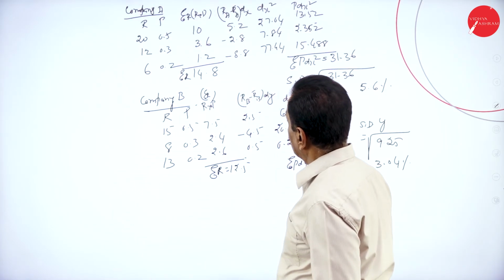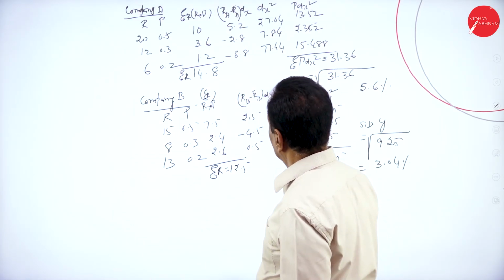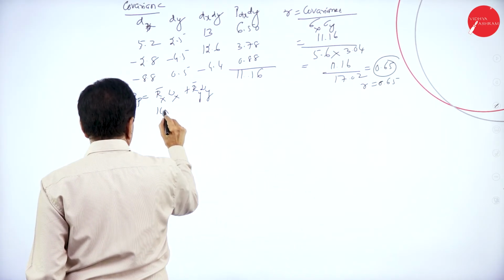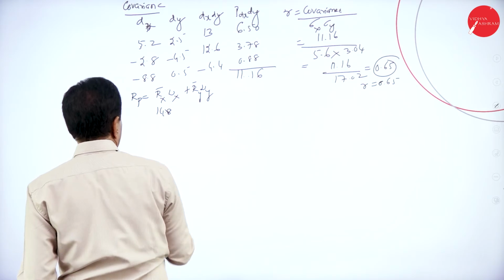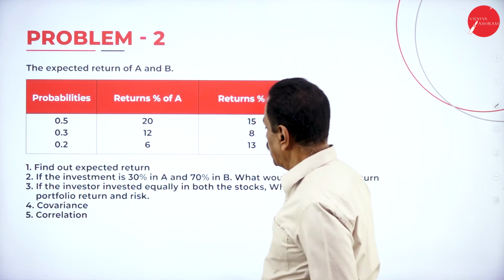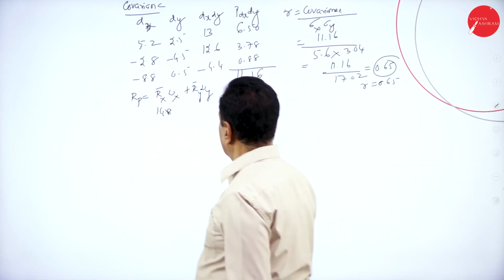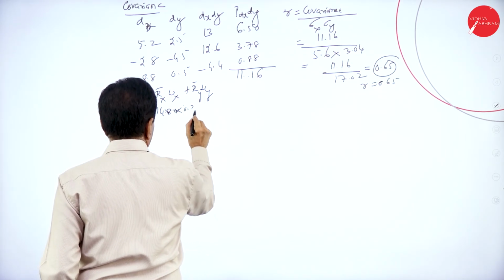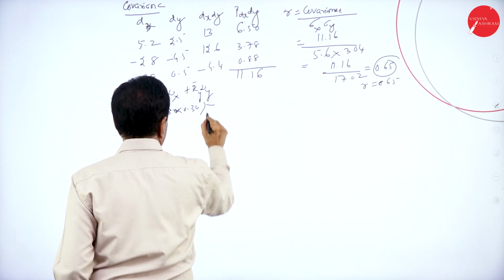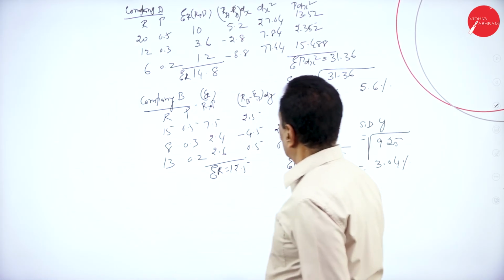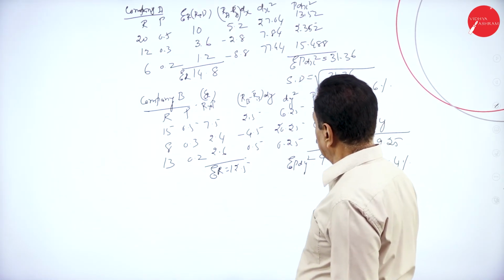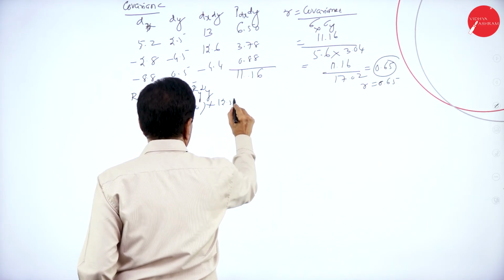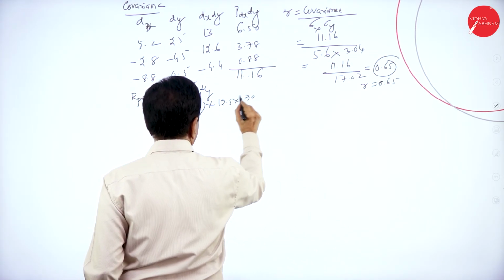So what's your R mean here? Expected mean 14.8 into 0.30 plus R mean of Y, expected mean 12.5 into 0.70.